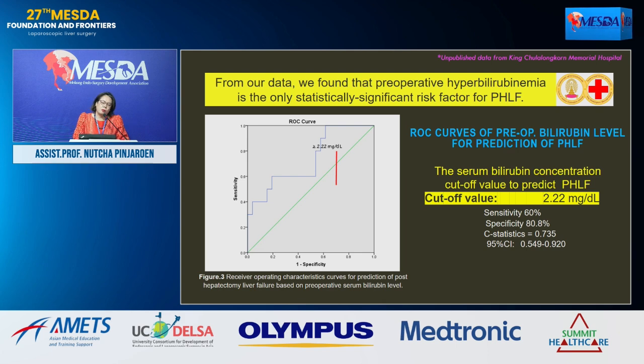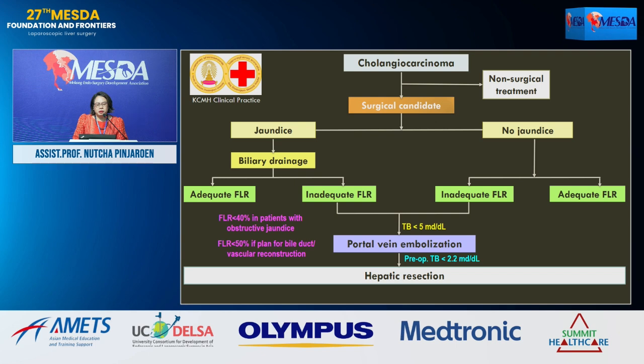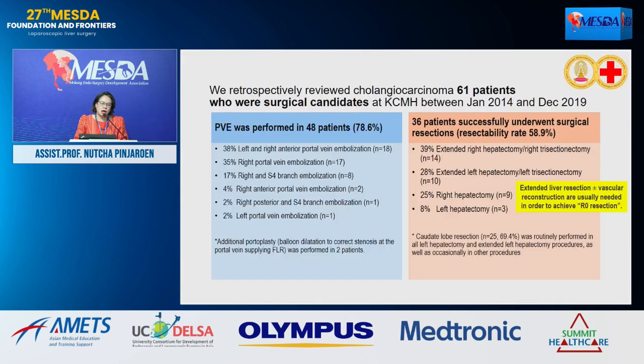The only thing that matters for post-operative hepatic insufficiency is the preoperative total bilirubin level, which should be less than 2.2. So from all this data, we encourage you to try to convert cholangiocarcinoma patients to surgical resection to get longer survival. And also, if you have an inadequate FLR, you can consult for portal vein embolization, and the total bilirubin level before operation should be less than 2.2.